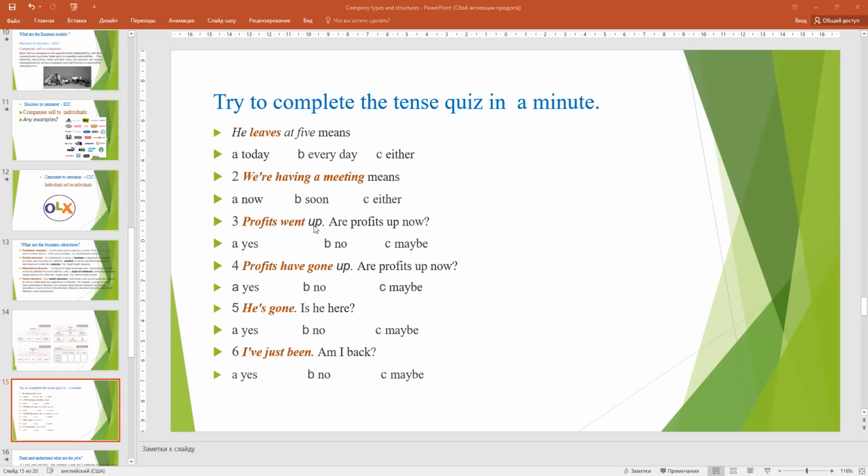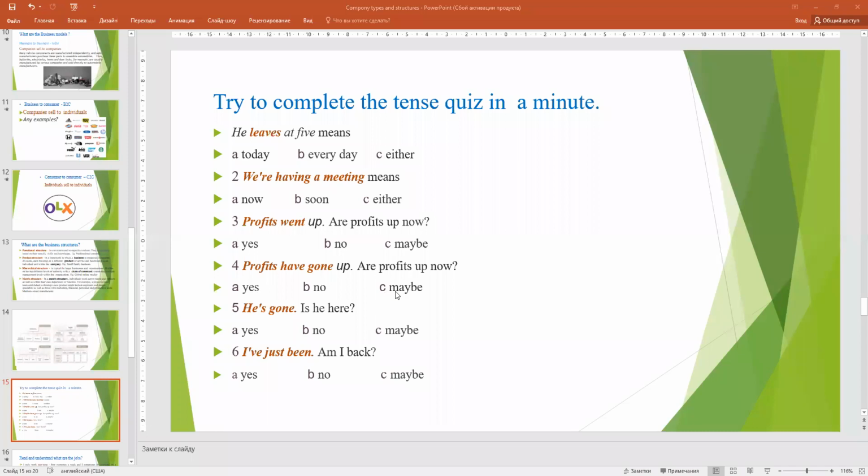The profits went up. Are profits up now? Profits have gone up. Are profits up now? Yes. Maybe, yes, correct. It can be both of them. It can be no or yes.